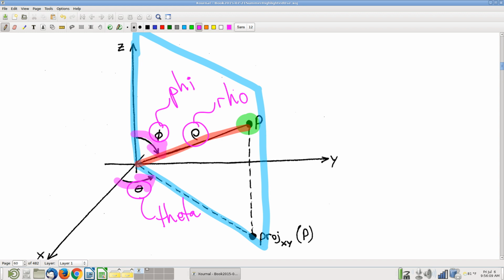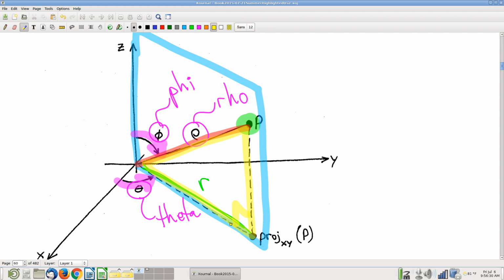Why isn't rho just the same as r? Well, because r is this distance here. You can see by looking at this triangle. There's a right triangle right there. I guess you could say r squared plus z squared equals rho squared.